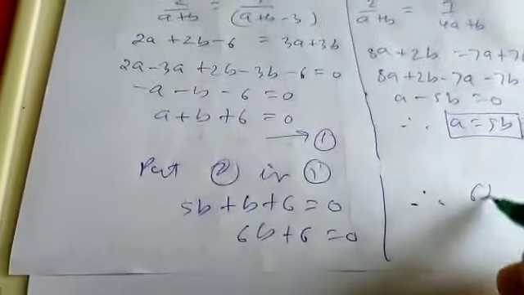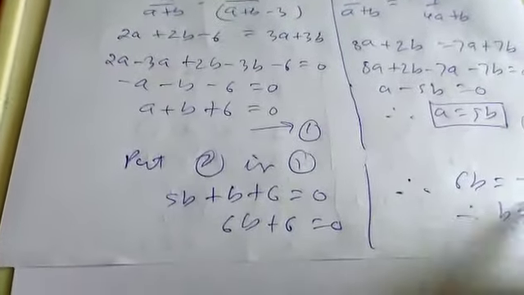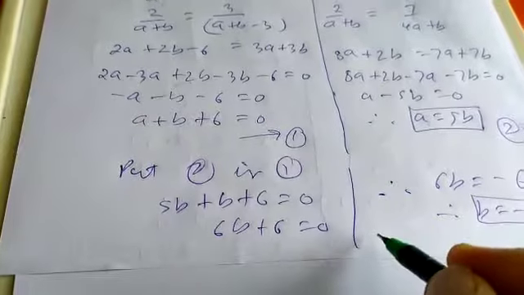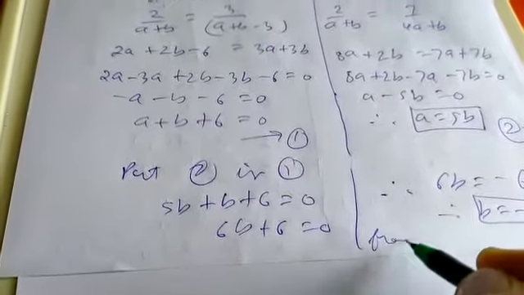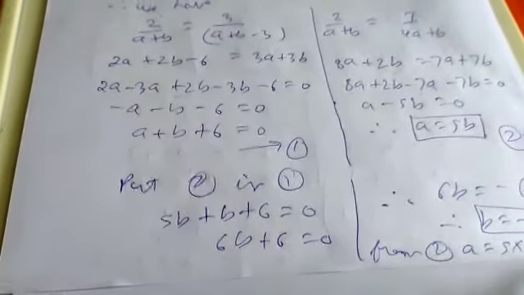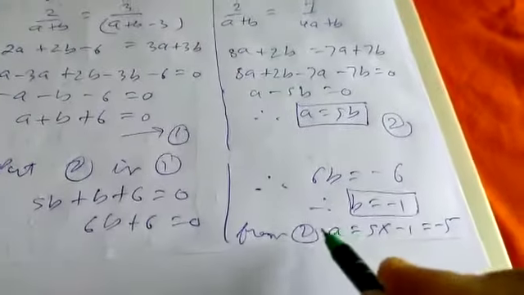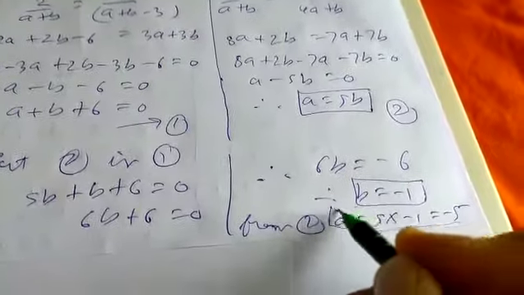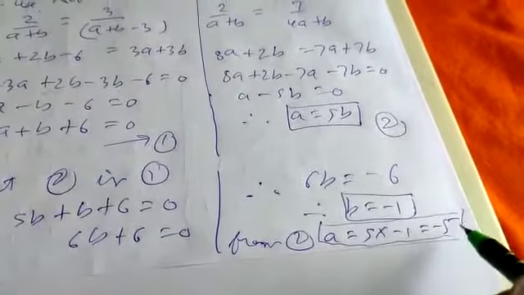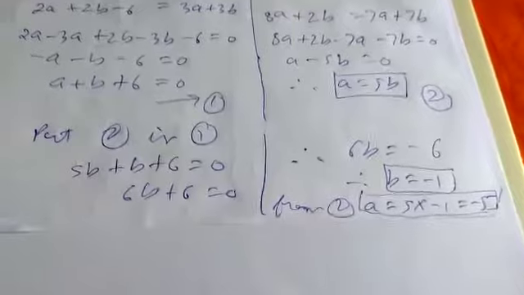Therefore 6b equal to minus 6, so b equal to minus 1. And from 2, a equal to 5 into minus 1 equal to minus 5. So a is minus 5 and b is minus 1. This is our solution.